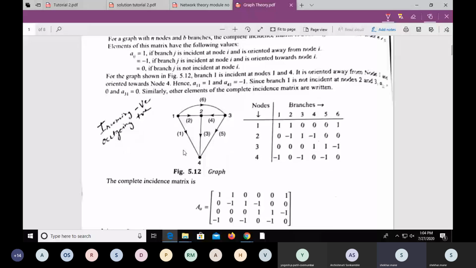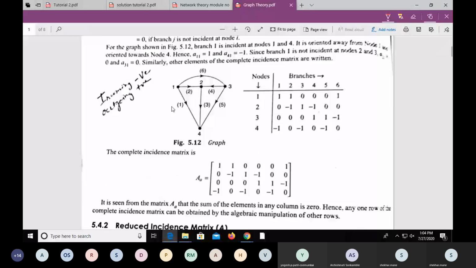Now don't read this, just see here how to write a matrix. Write branches in this way. See this given graph, figure 5.12. In this there are 4 nodes and 6 branches.